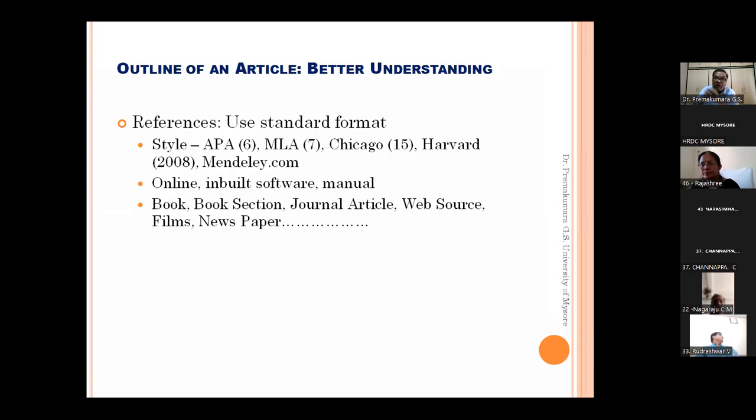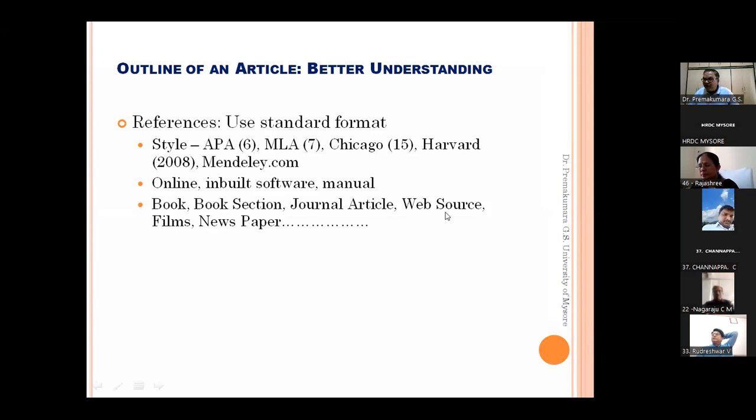If you have inserted the references using inbuilt software like Microsoft Word, definitely it will not go anywhere. And giving a reference for a book is different. A book section, that is an edited book or edited article, is separate. A journal article is a separate style.